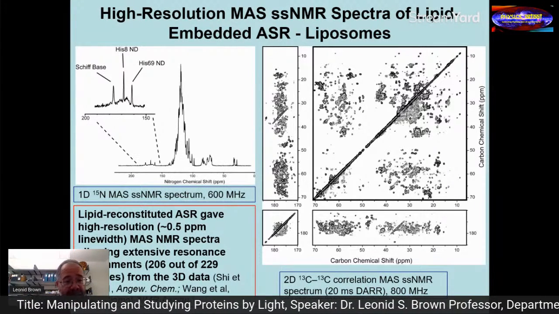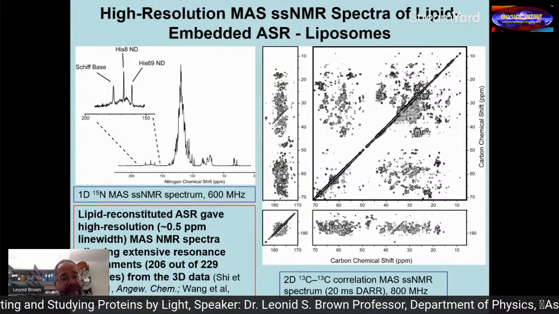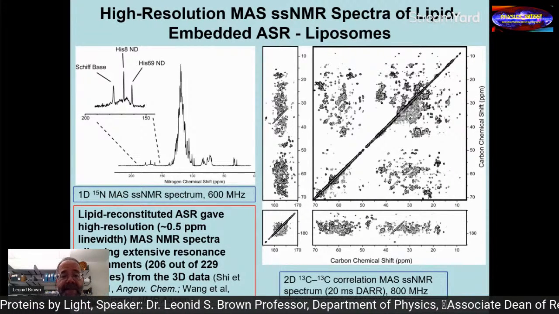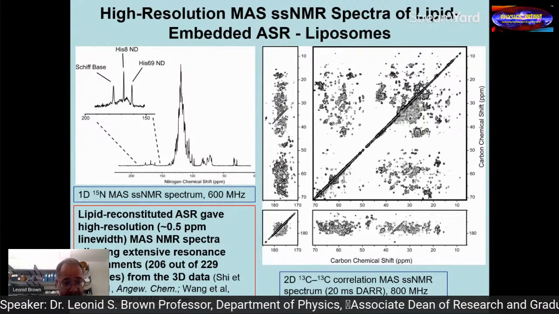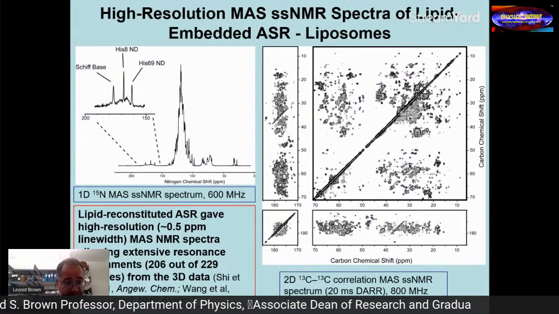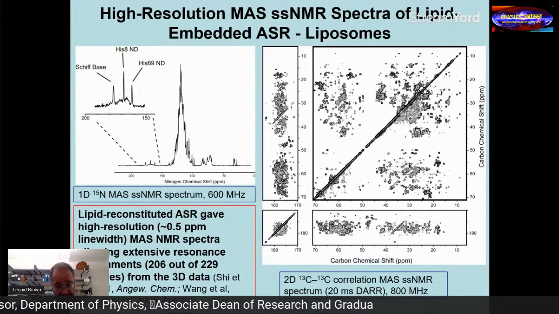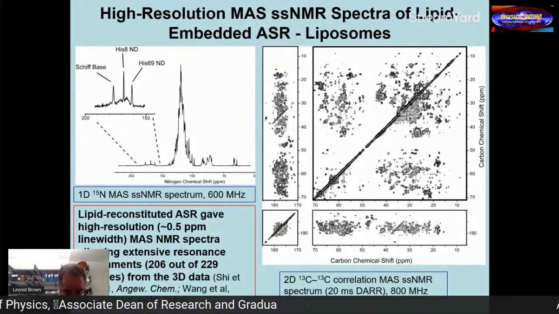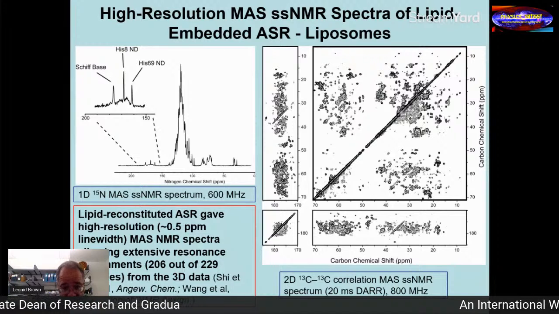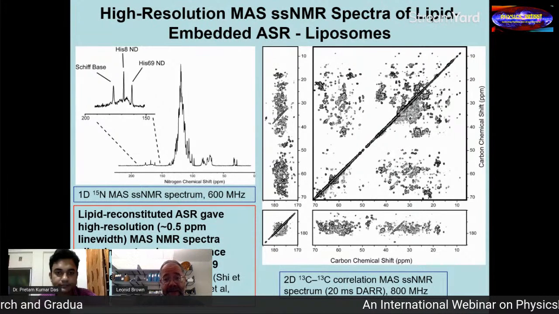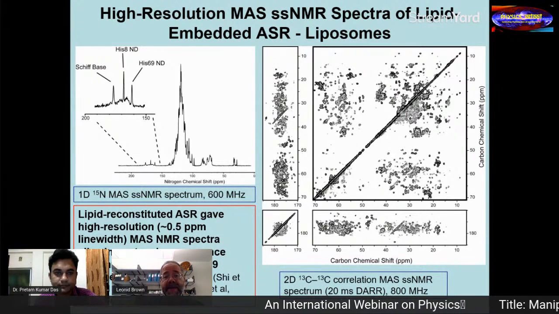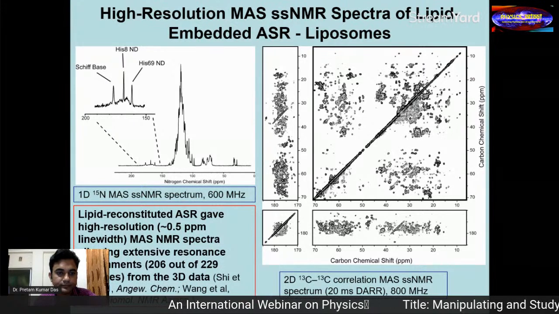So we were able to get 206 assignments. We have 229 amino acids in this protein, and so we have a spectroscopic handle for most of them, which is amazing. It allows us to study this protein with NMR at the atomic level, because we do have a spectral signature for each.